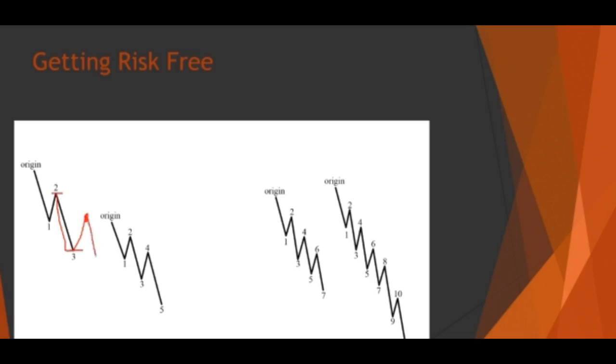It can either continue lower, and this is 4, and this is 5, or it can go to the 50%, sit for maybe a minute, and then continue, and now you're risk-free. So now you have yourself in not only a winning trade, but a risk-free trade with no potential loss.